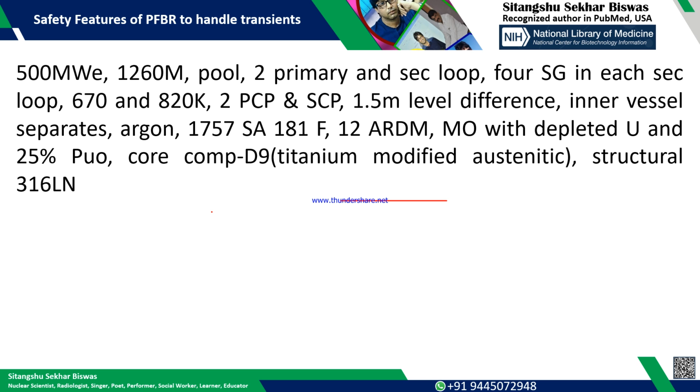It is a pool type reactor, with two primary loops and two secondary loops, and four steam generators connected in each secondary loop, where the water Rankine cycle runs and then goes to the turbo generator to produce the final electrical output of 6.9 kV.